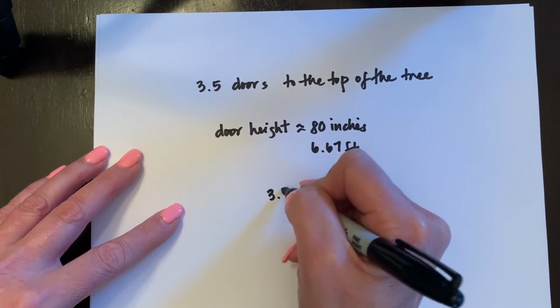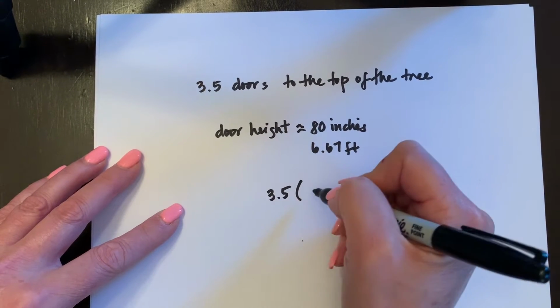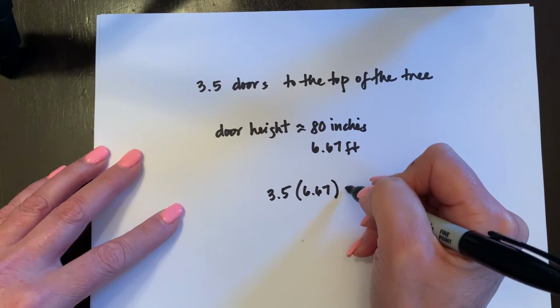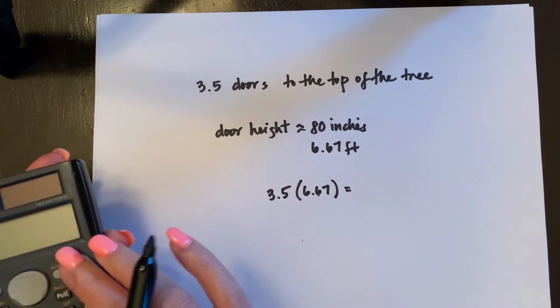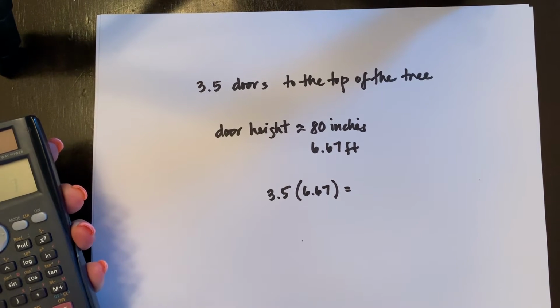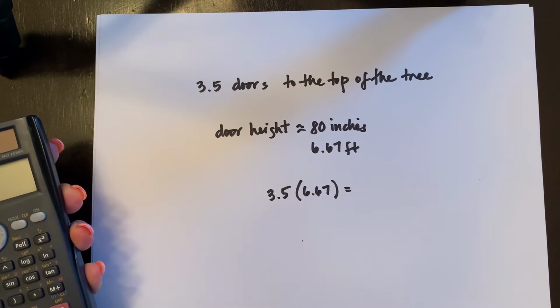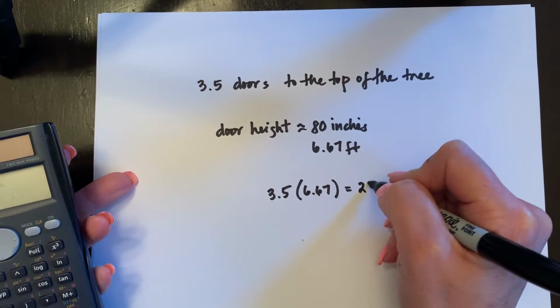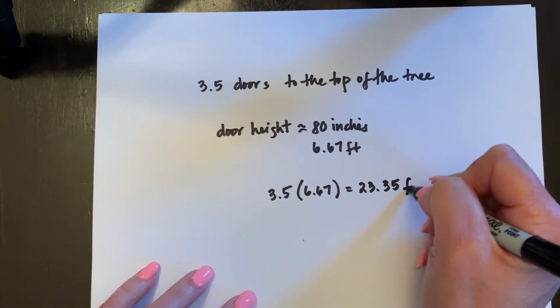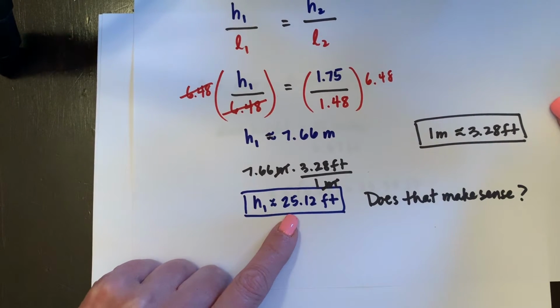So 3.5 doors times 6.67 feet gives me about 23.35 feet. So, using heights and shadows, I can see that the height of that tree is about 25 feet.